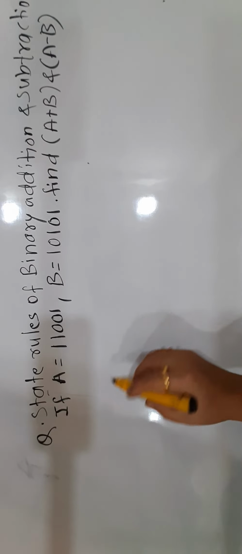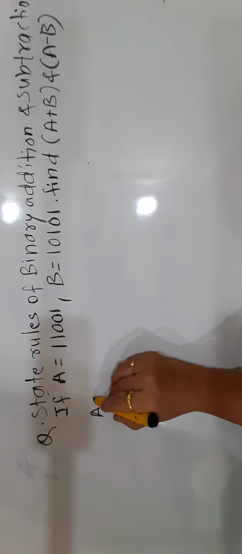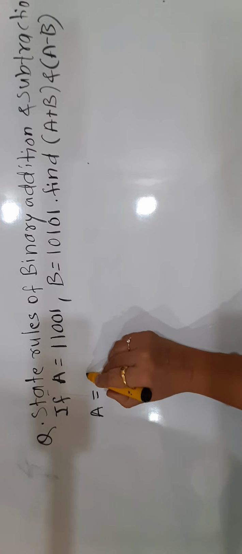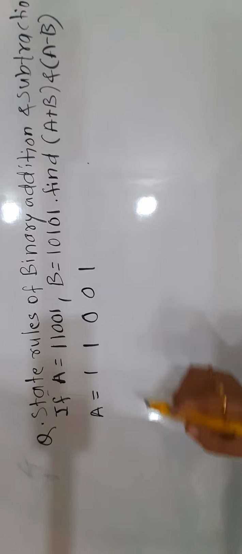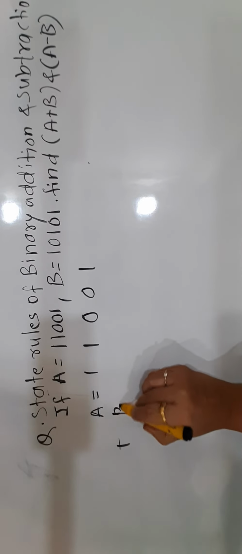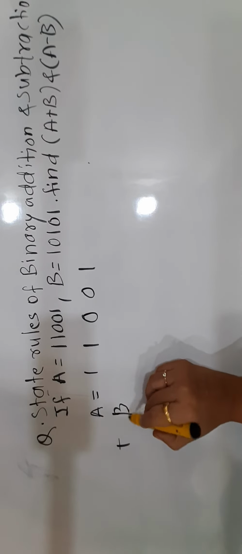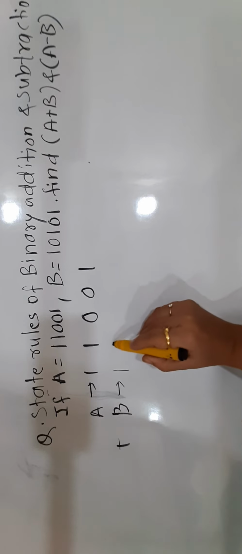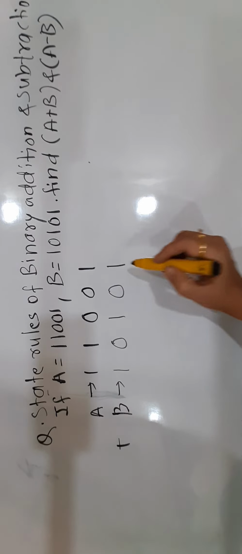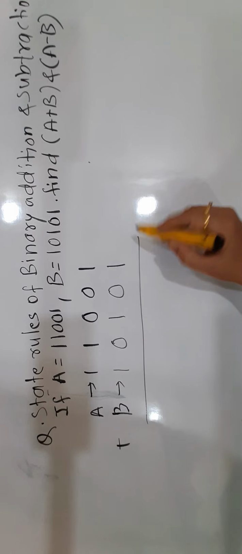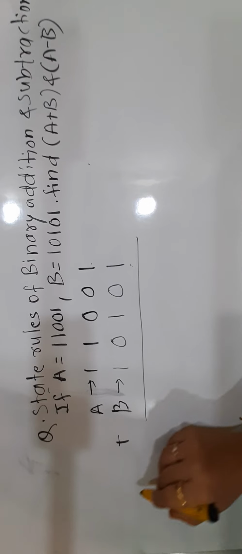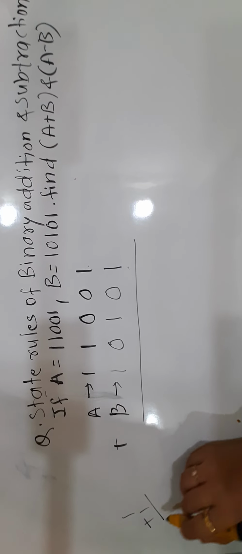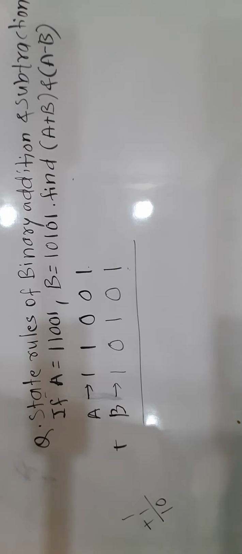Let's first perform a plus b. a equals 11001, and b is 10101. So let's perform the addition. 1 plus 1: if we see the table, if we add 1 plus 1, then the result is carry 1, sum 0.